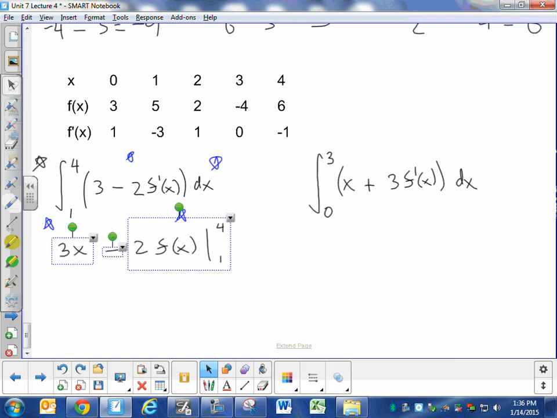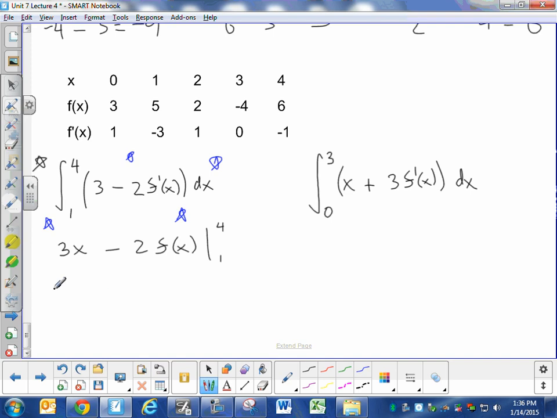Well, the entire thing would have to be evaluated between 1 and 4. You'd have to find the change in this. So you start with 4. And then you'll subtract that thing at 1.